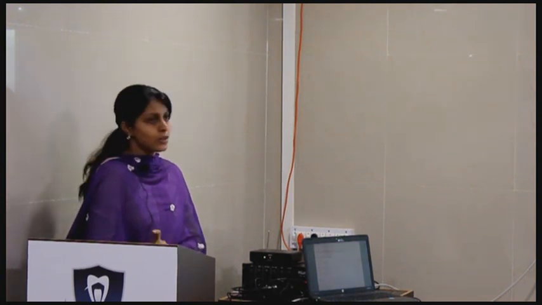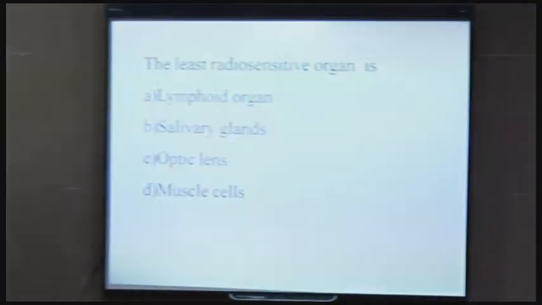And 2 to 4 and 4 to 7 you have early hematopoietic effects and late hematopoietic effects. 7 to 15 you have GI symptoms. And then you develop CA after that. Okay. Up to 50 you will develop CA.